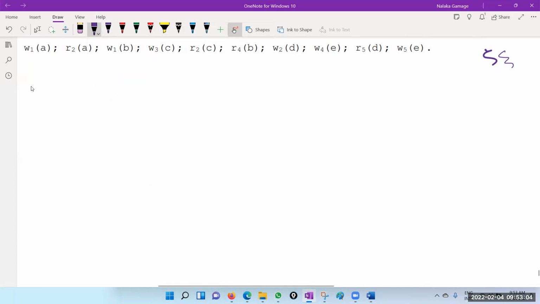Right. So this is transaction 1, transaction 2, transaction 3, transaction 4, transaction 5.